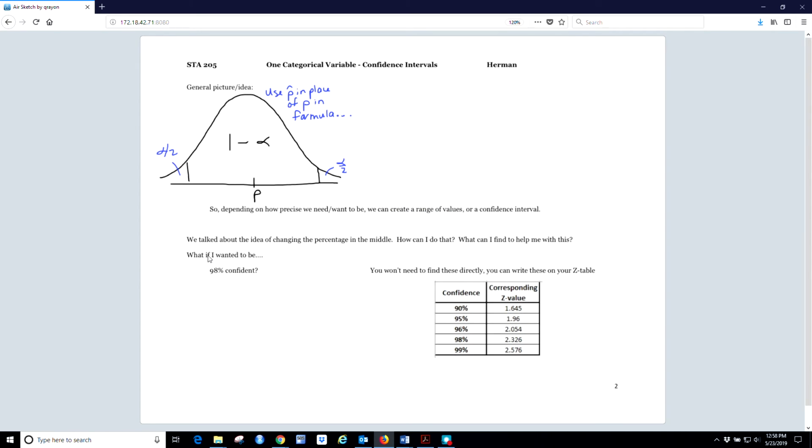Looking at our general picture, it can fall in one of two places.